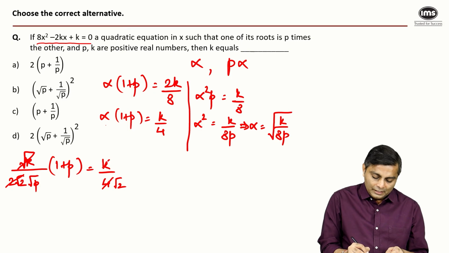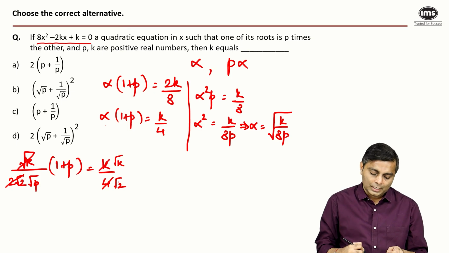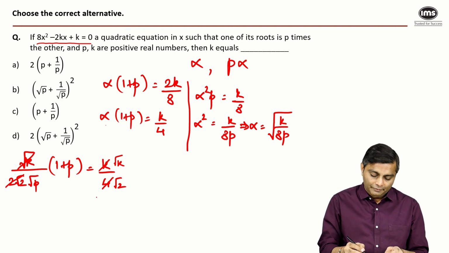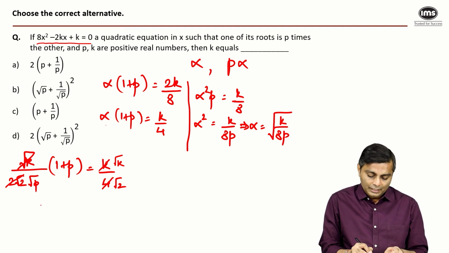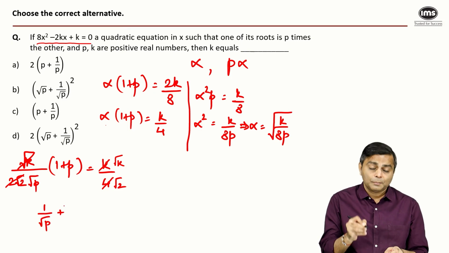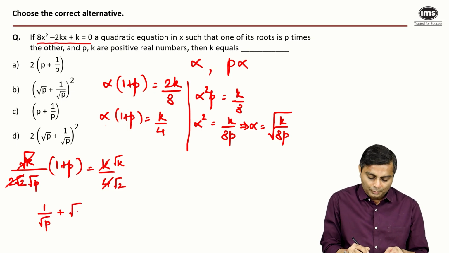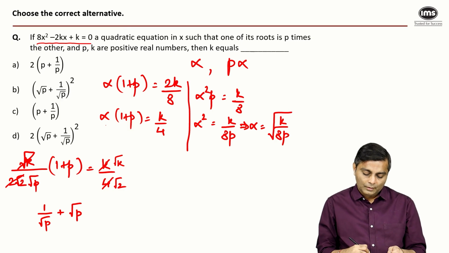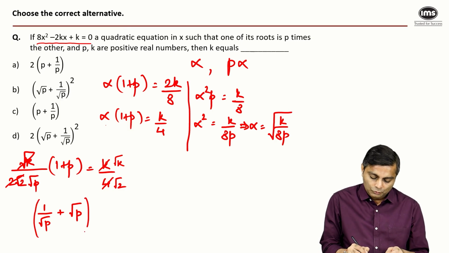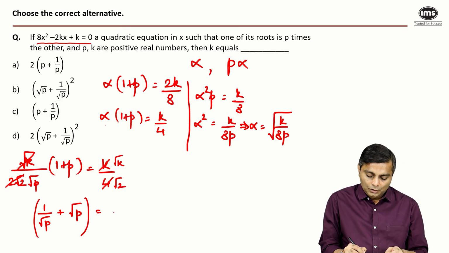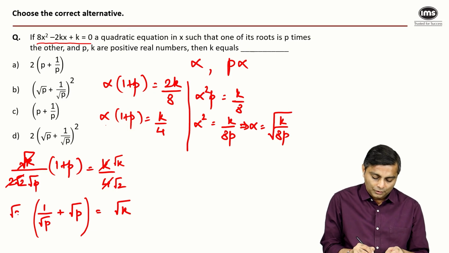Root k and k will cancel, leaving only a root k here. And (1 plus p) upon root p will be 1 by root p plus p by root p, which is nothing but root p. Correct? So what is left is equal to root k by root 2. In fact, I can bring root 2 here.